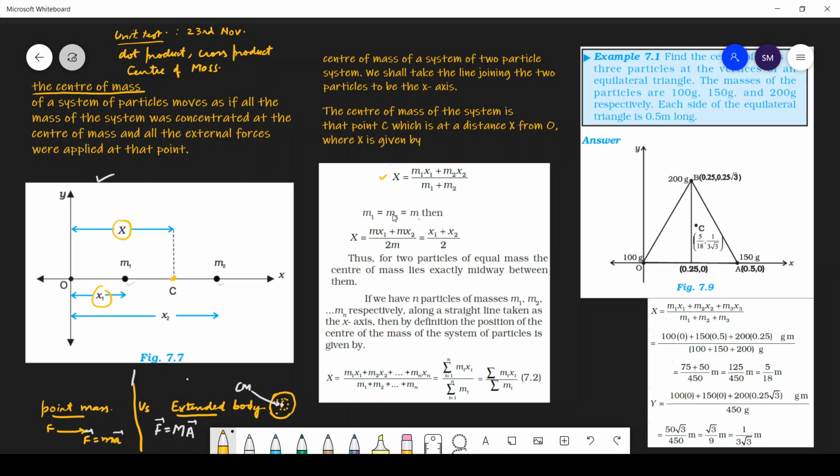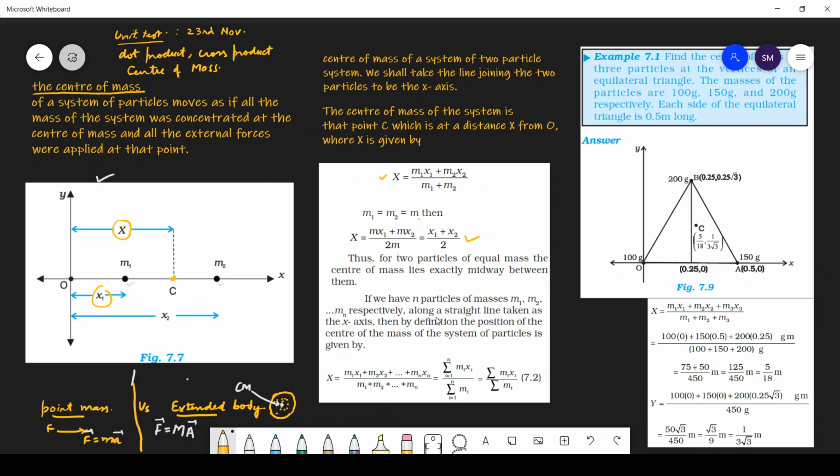And if the masses are equal, this formula will reduce to x1 plus x2 divided by 2. Thus the center of mass of the two particles will lie exactly midway between m1 and m2 if they are equal masses.